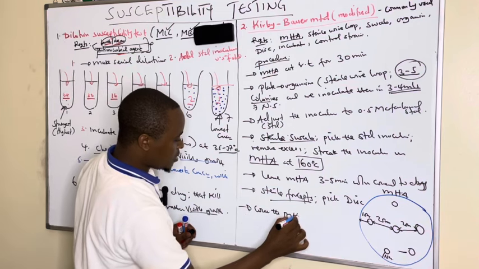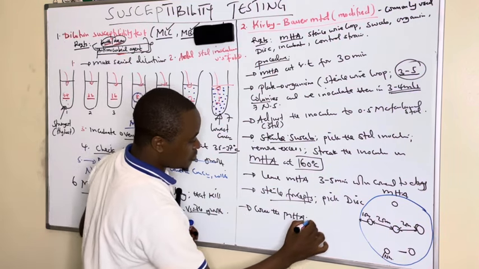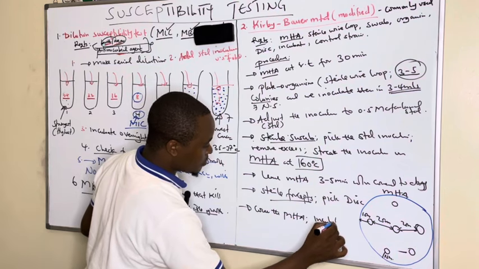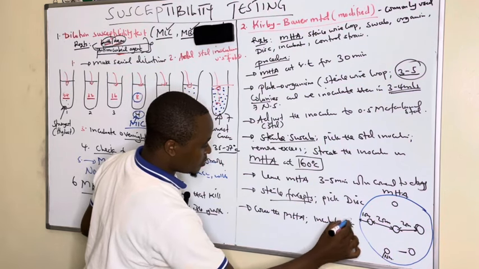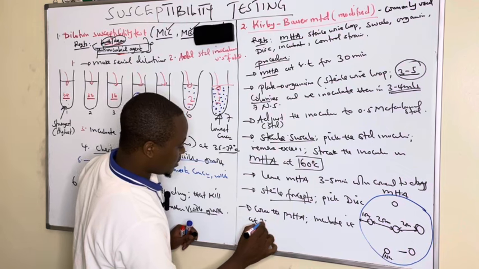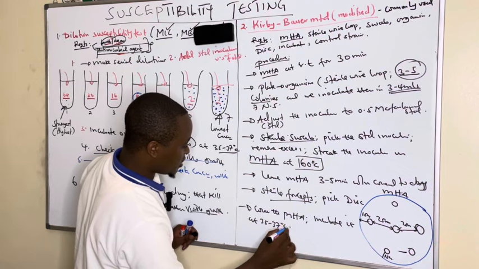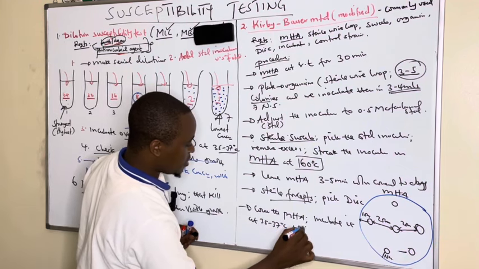the Muller-Hinton agar, and we should incubate it at 35 to 37 degrees centigrade within 30 minutes.